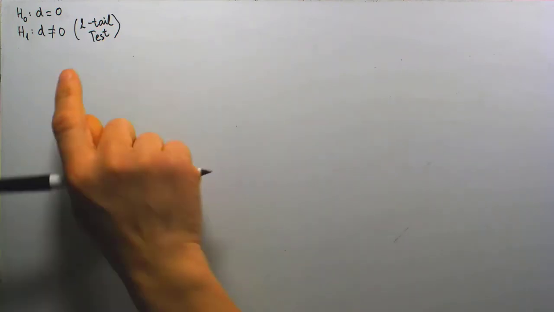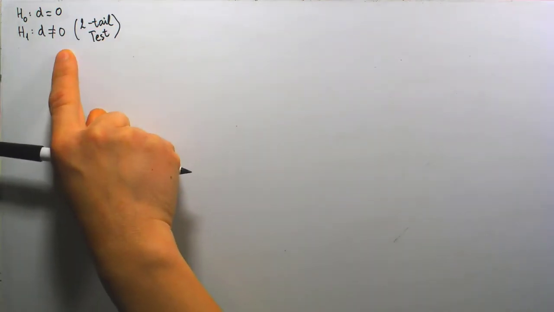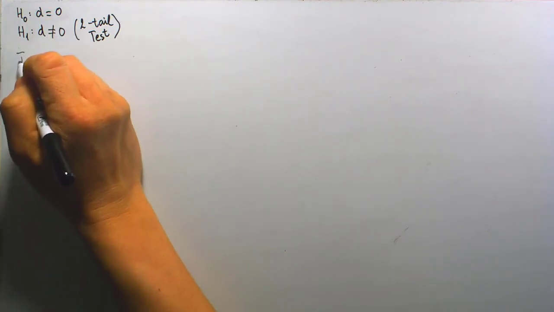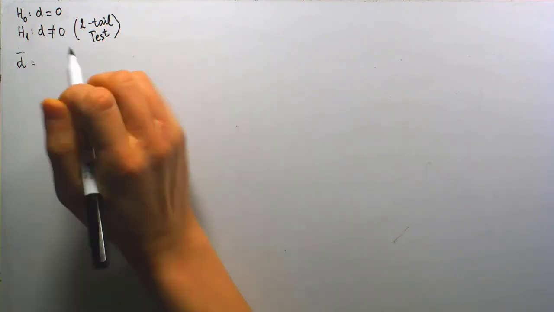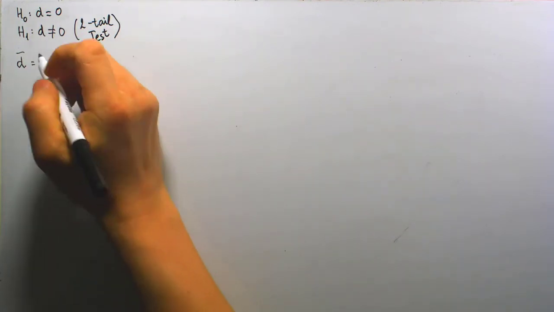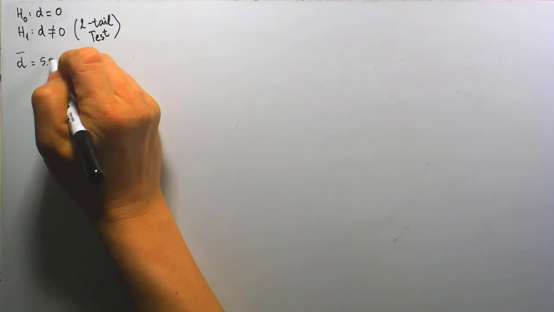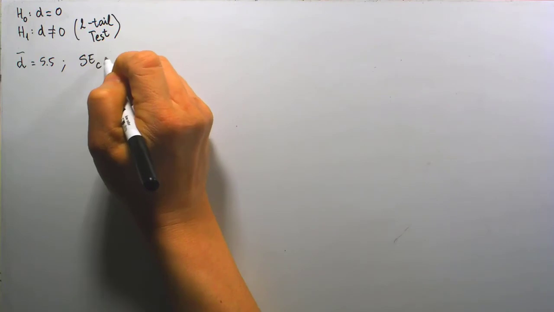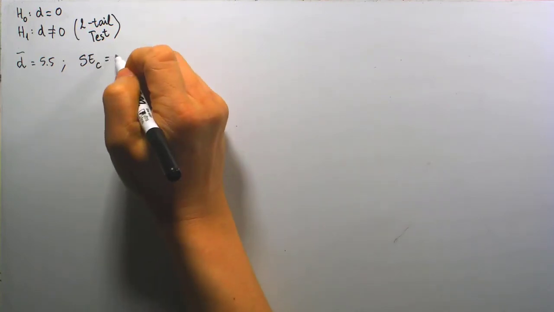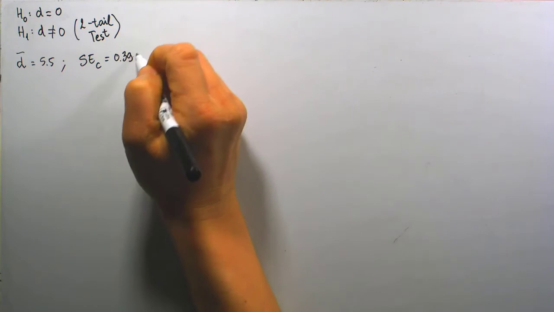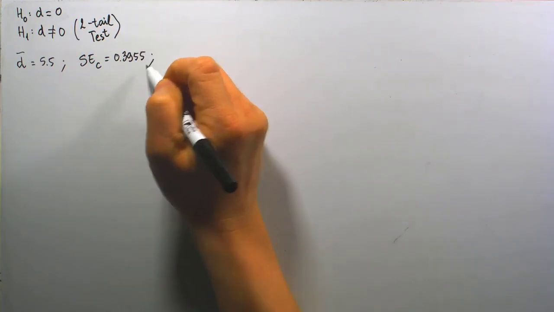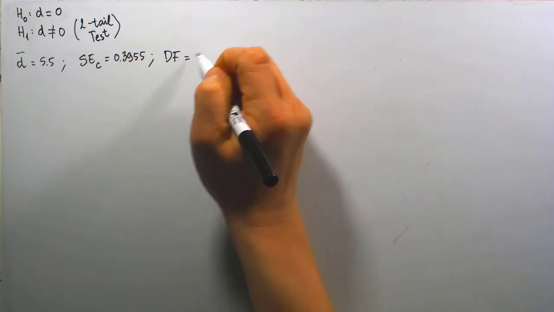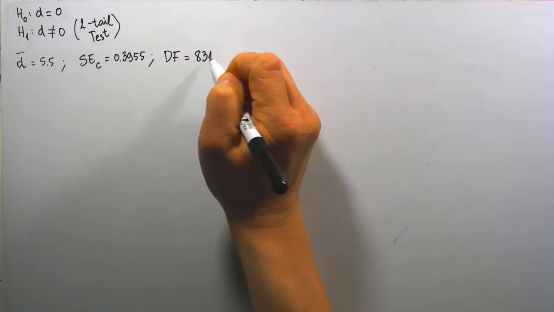So now we are getting into the steps of testing our hypotheses. My first step is to write down the values for D bar, which in our case is 5.5 as listed earlier. Our SEC was calculated to be 0.3955, and the two samples came to a combined degrees of freedom of 831.